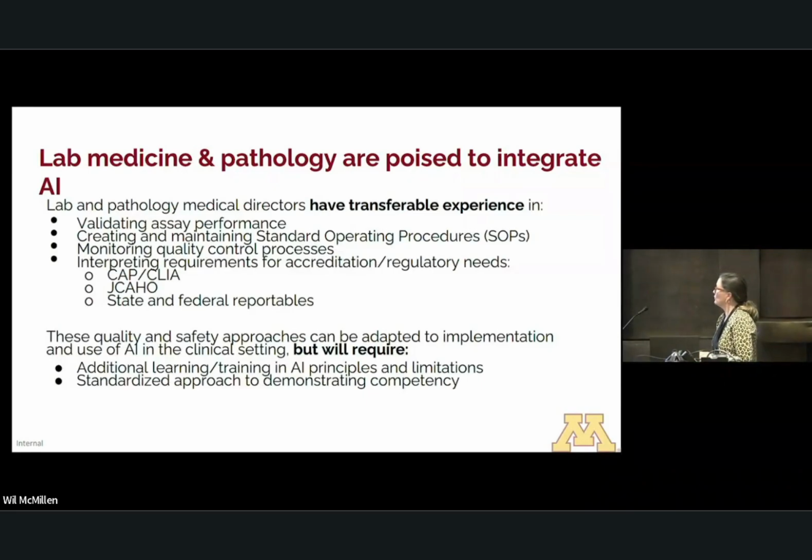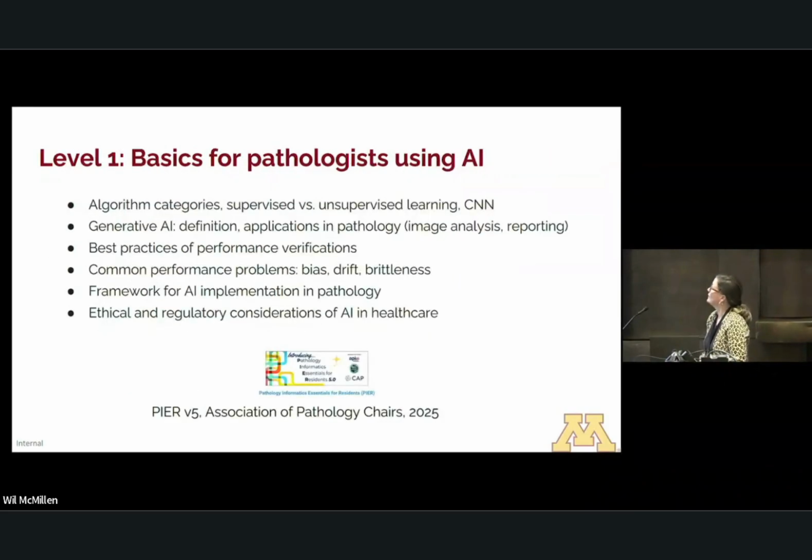But then if you don't already have that knowledge and skills, you're going to require gaining some. And then along with that, to make it easier for all of us as a whole, we need a more standardized approach to demonstrating competency in these areas.